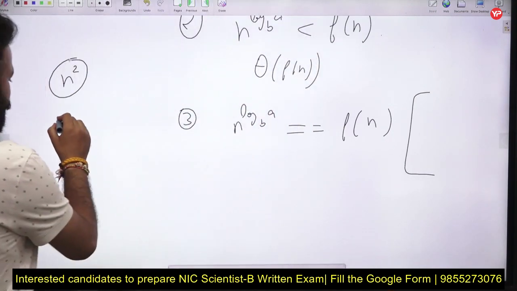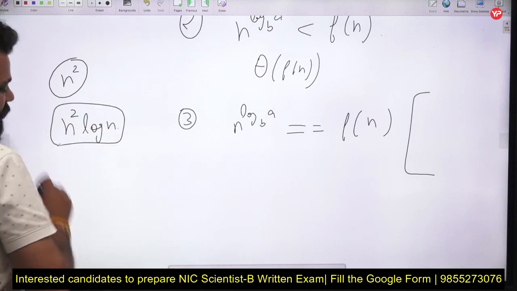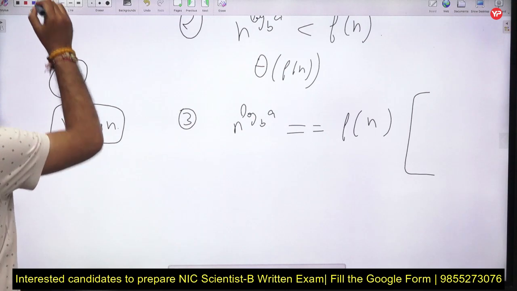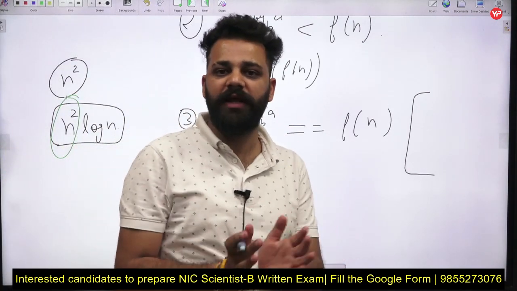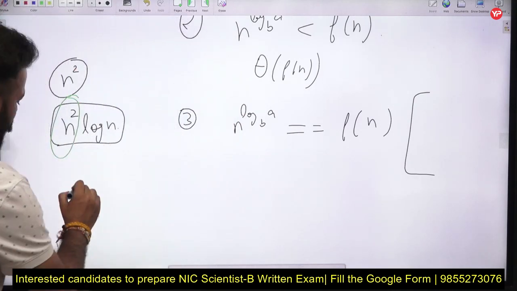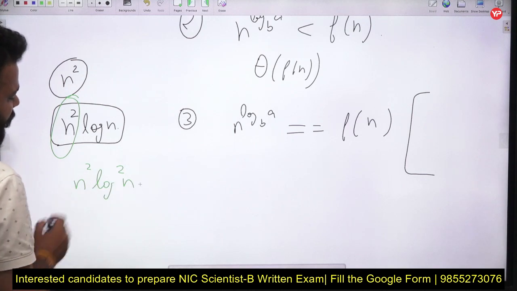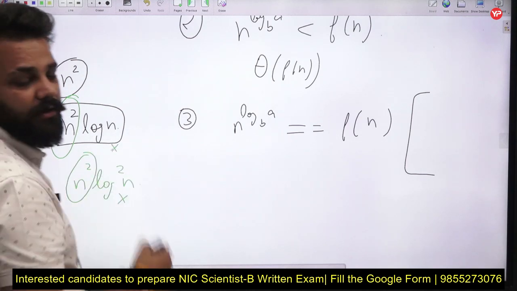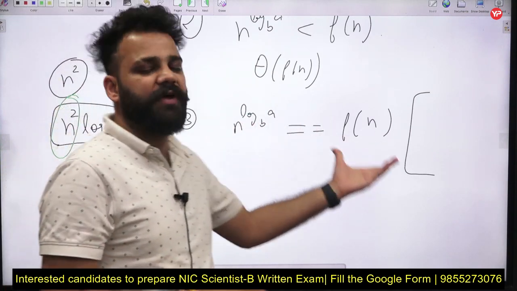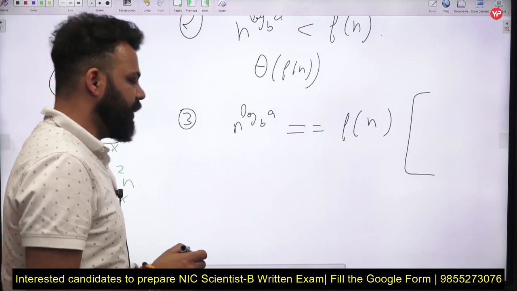If f(n) is n² log n, then you will only compare n² with n^(log_b a). You will leave the log n part out. If it is n² log² n, again you will only compare n². You will leave the log n and log² n part out of the comparison. So you will only compare the n raised to power terms.